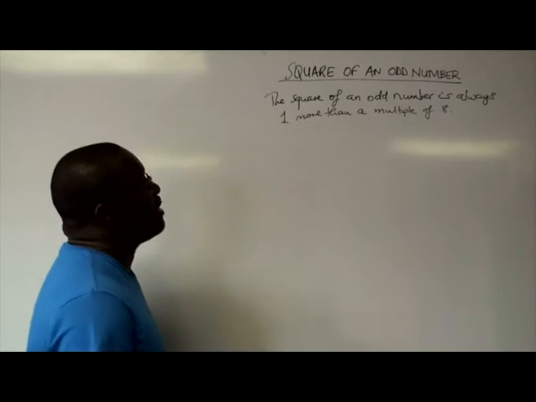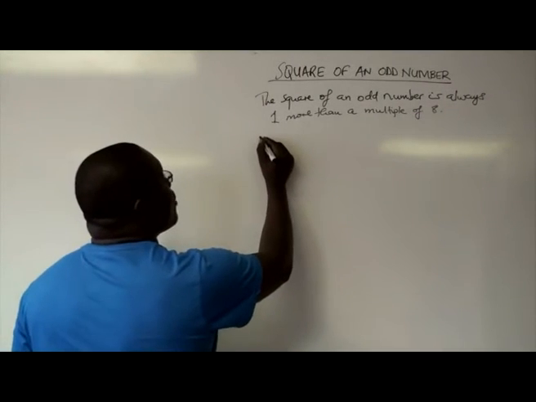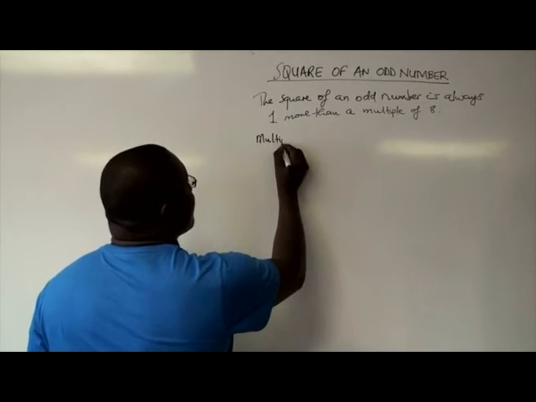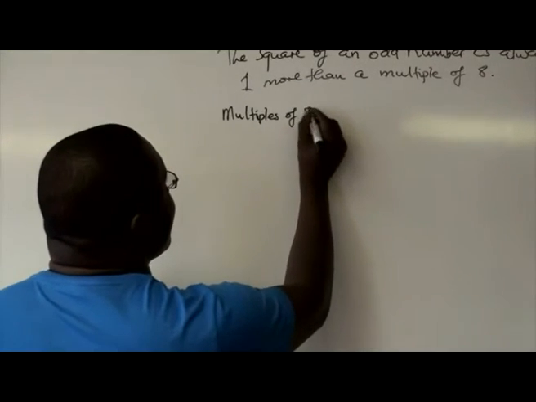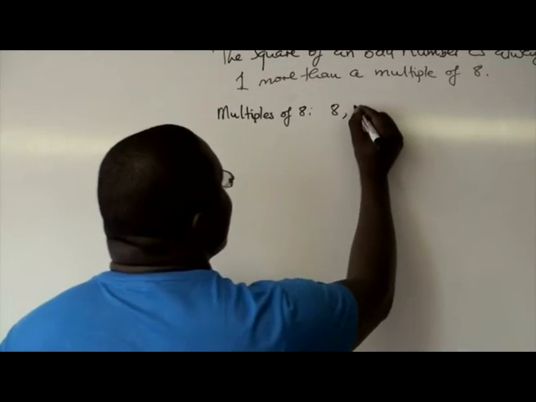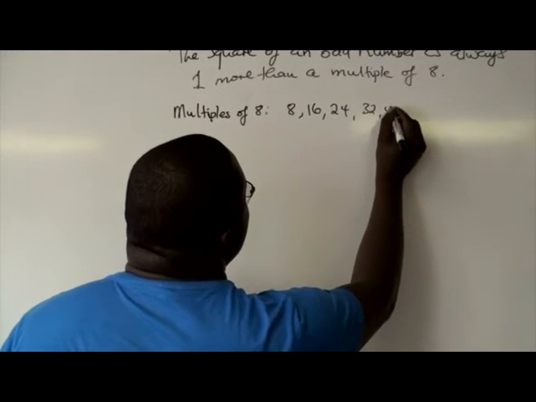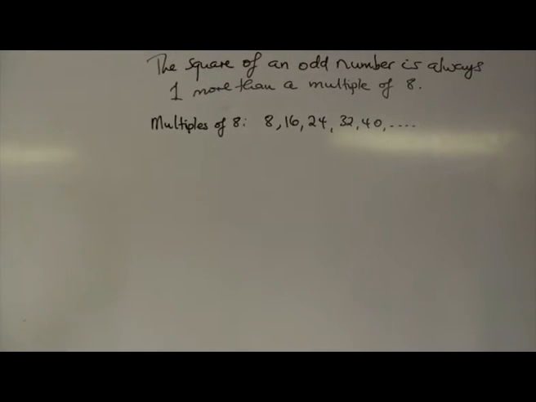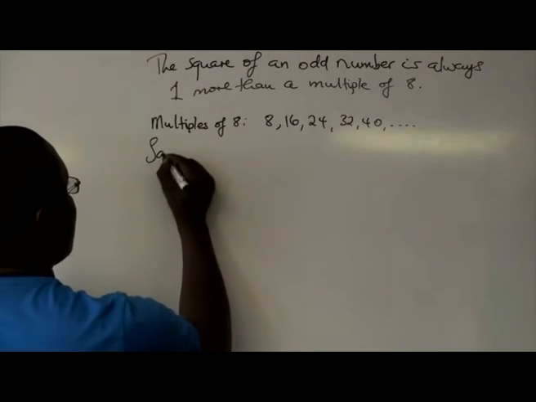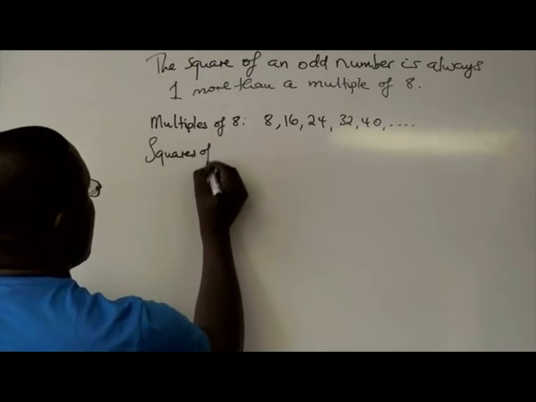So let's see. I will get the multiples of 8. So 8 times 1 is 8, 8 times 2, 16, 24, 32, 40, and so on and so forth, right? And then let's look at the squares of odd numbers.